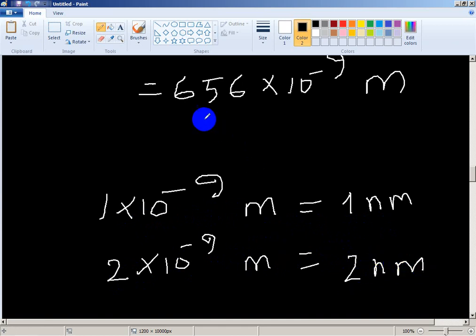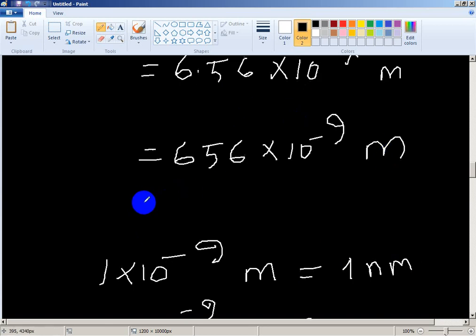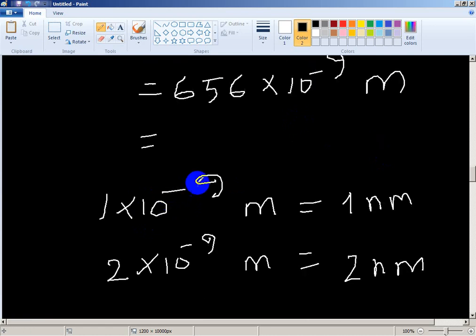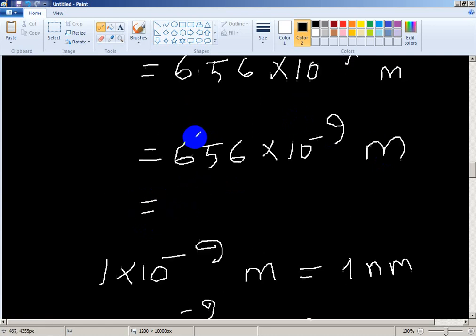So 656 times 10 to the power minus 9 meter equals 656 nanometer.